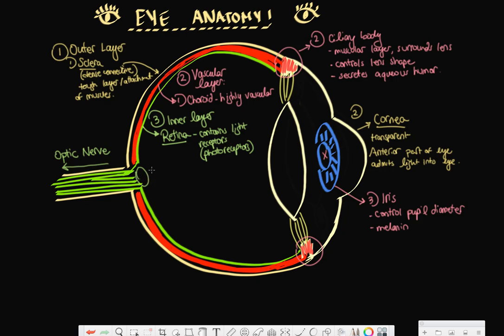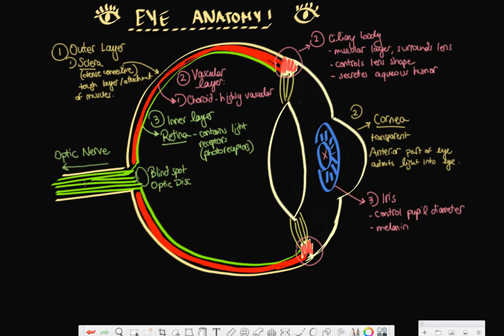So this here is what we call the blind spot, also known as the optic disc. It's the location where there are no photoreceptors to receive and interpret any light, the site at which the optic nerve is going to exit.